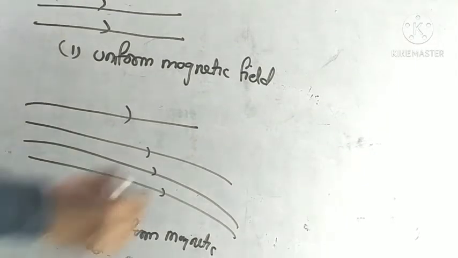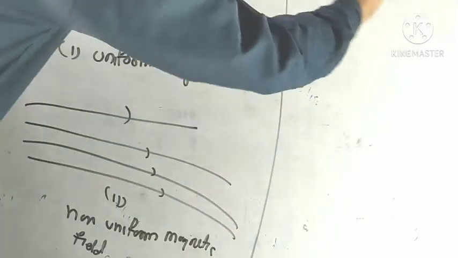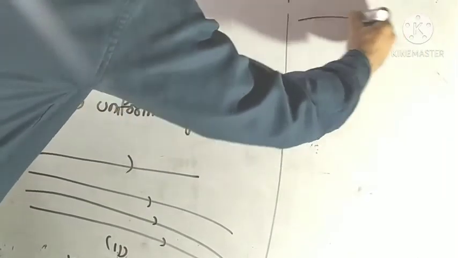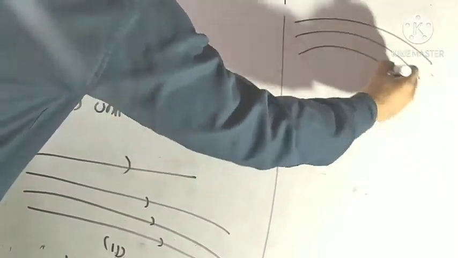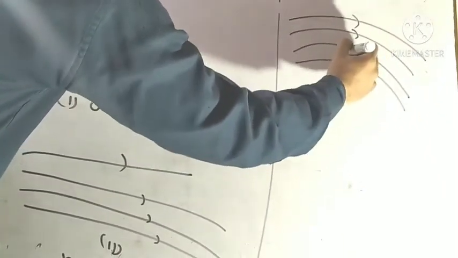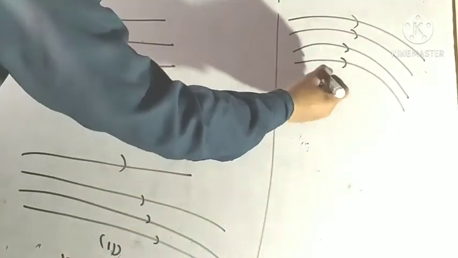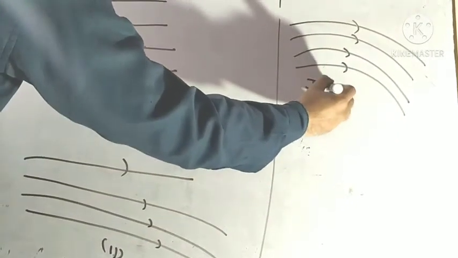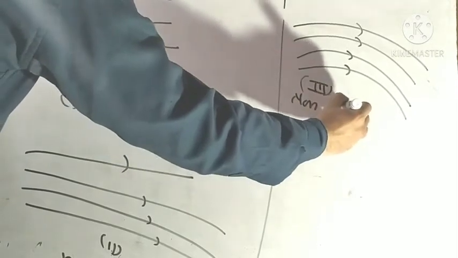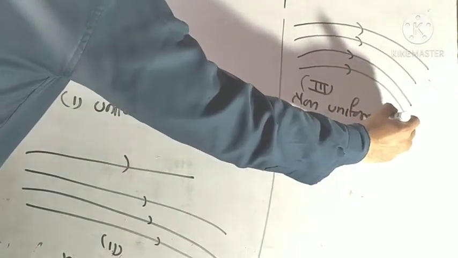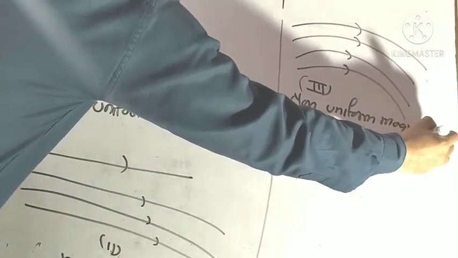And some other examples are these, which are also examples of non-uniform magnetic field.